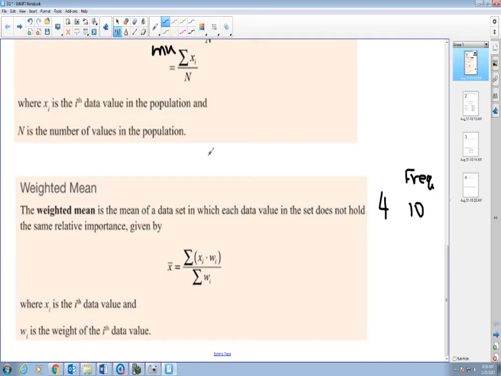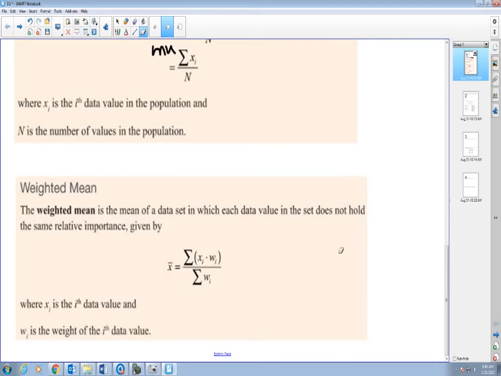That's called the weighted mean. We have other examples, such as the dot plot that we saw in the previous lecture video, where one numerical value has a lot of dots. When we're dealing with those types of data, we can use something called the weighted mean.